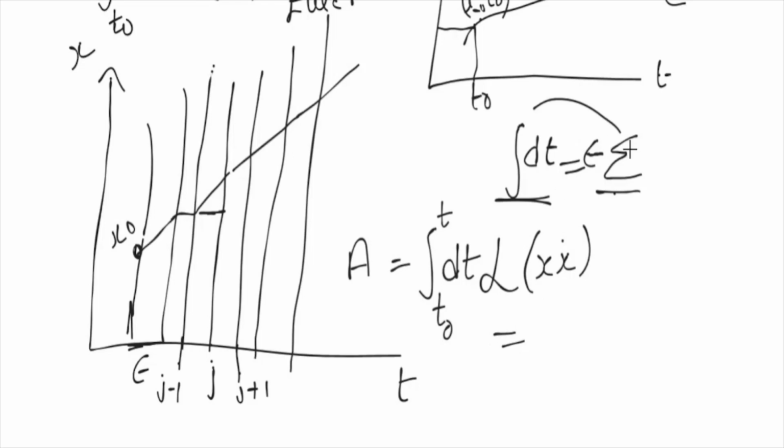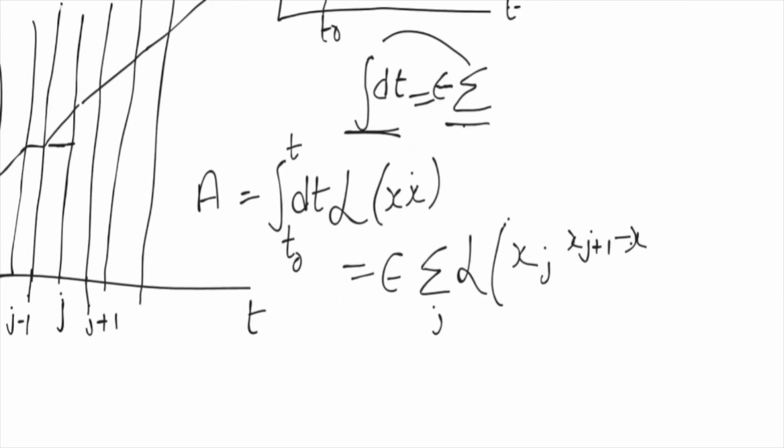Now it can be written in the approximate theory as epsilon times the summation over j of L, where x dot you can write as xj plus 1 minus xj, upon epsilon.